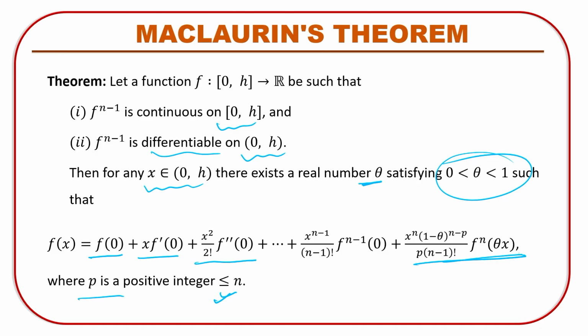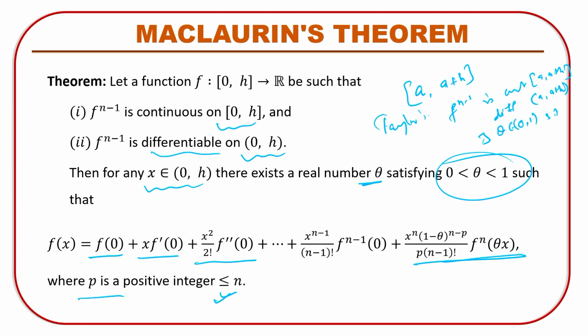Here, how to prove this one? So, if I put a and a plus h as a closed interval, then we had seen that for Taylor's theorem, f of n minus 1 is continuous in the closed interval a to a plus h and differentiable in the open interval a to a plus h, and if it happens then there exists a theta lying between 0 to 1, open interval, such that f of a plus h is equal to something, or f of x is equal to something, right.